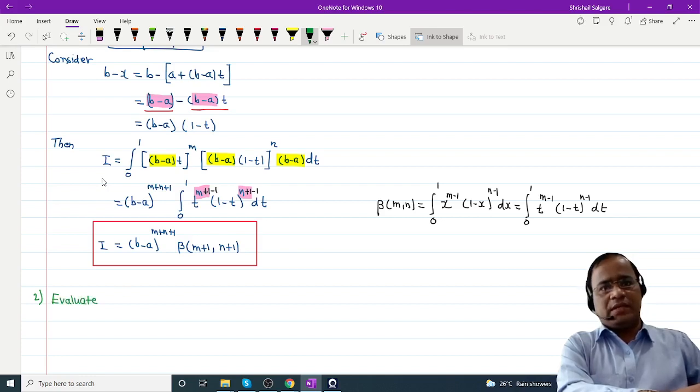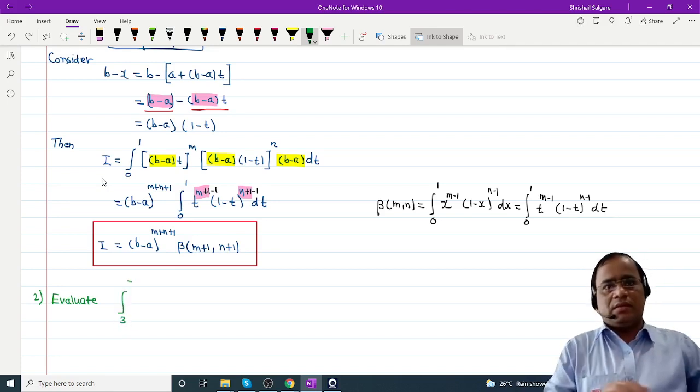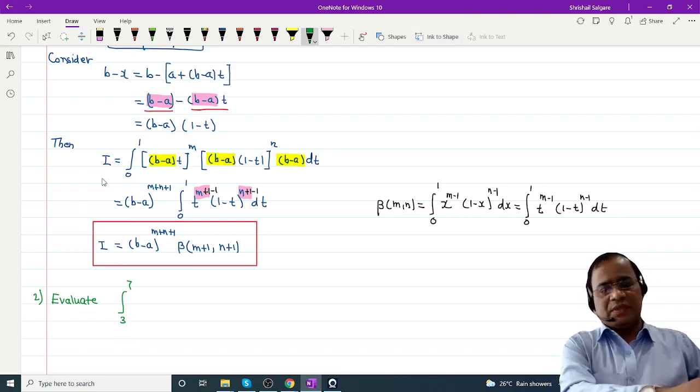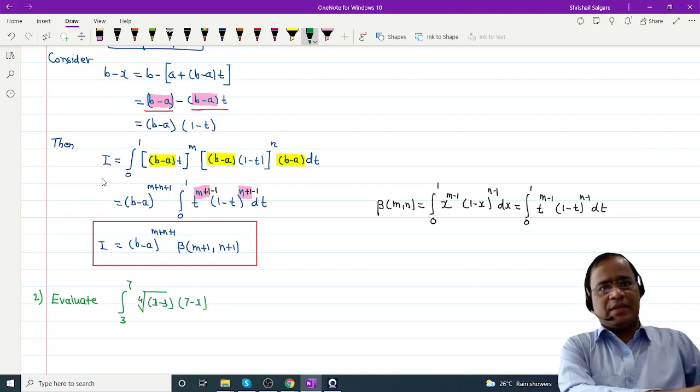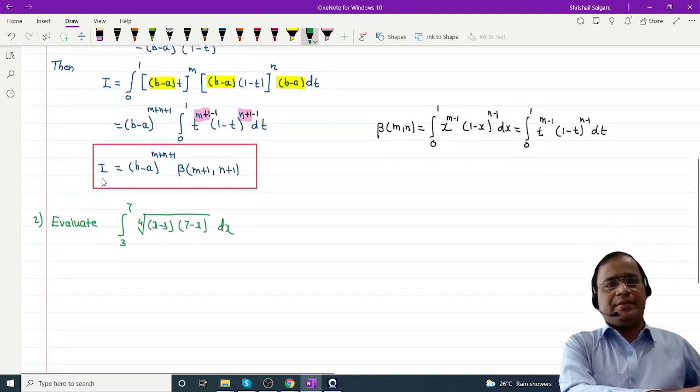Evaluate the integral from 3 to 7 of the fourth root of (x minus 3, the lower limit, into 7 minus x, the upper limit minus x), everything under a fourth root, dx.